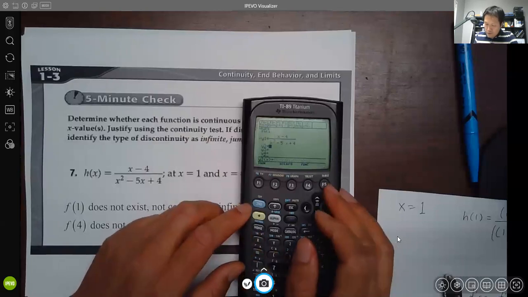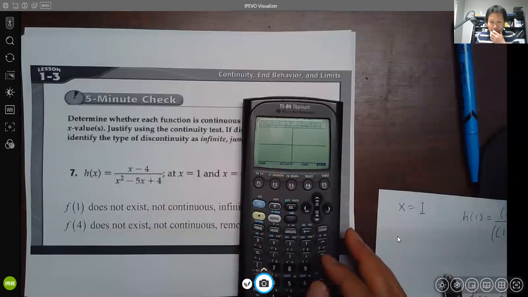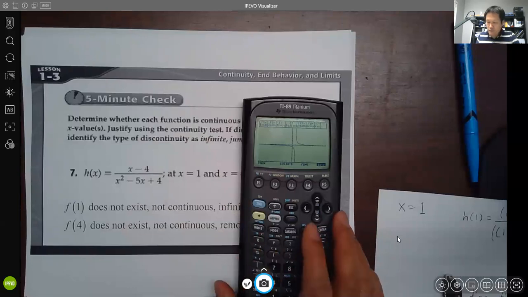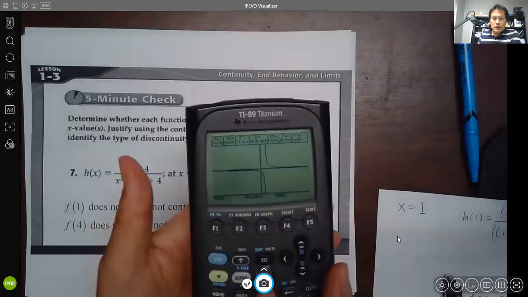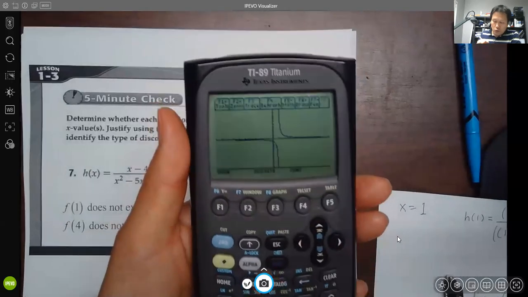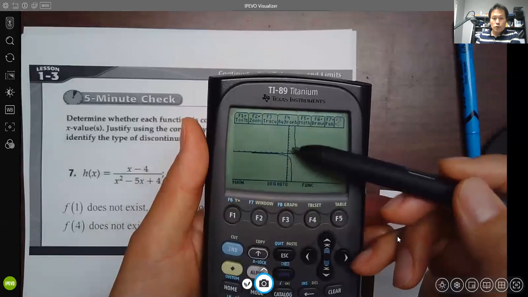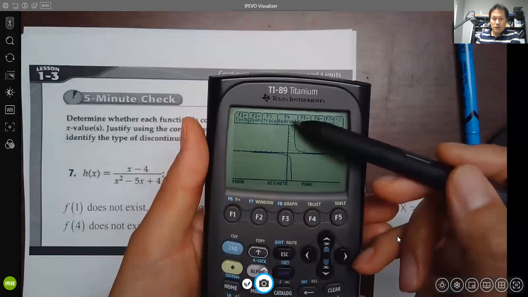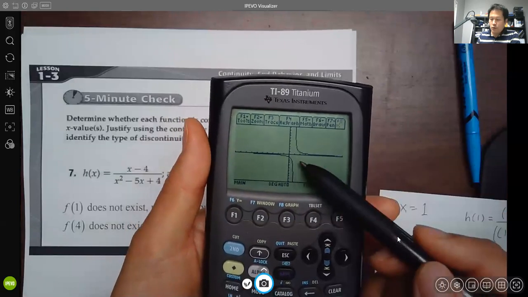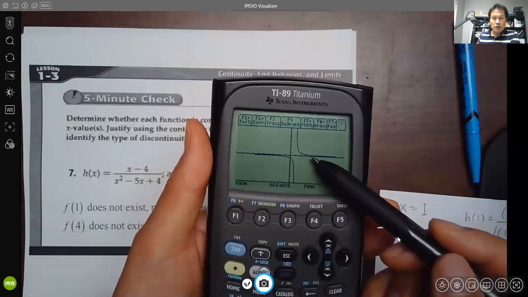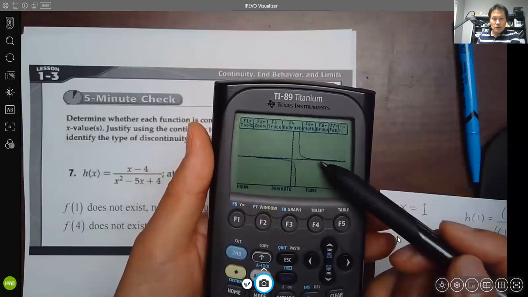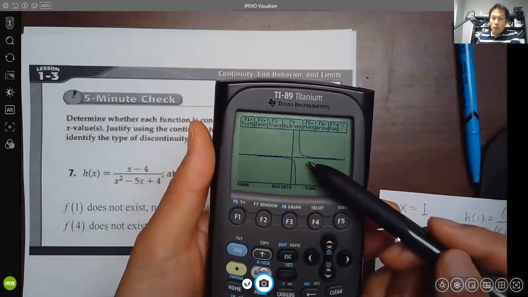So if you graph it, I don't know if you can see clearly. So x equal to 1 is somewhere over here. So you know x equal to 1 should be infinite discontinuity. X equal to 4, 1, 2, 3, 4. 4 is right here. So there's no infinite discontinuity, and there's a hole.